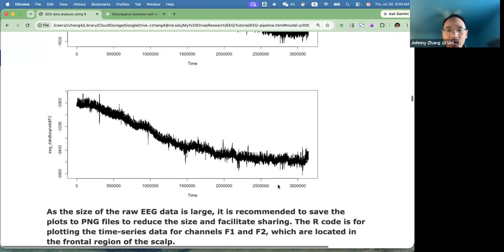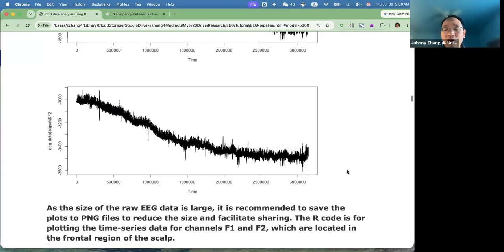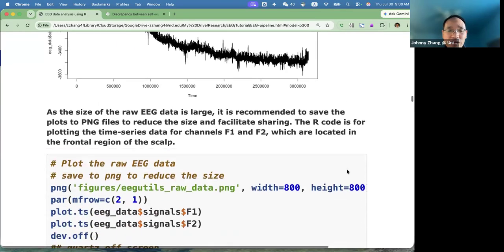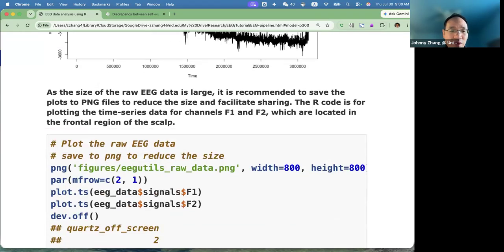We can use any R base functions for the plot, so you can use the plot function directly. For example, I use plot.ts, which means plot time series, to generate the plot here, taking out the data using the dollar sign from each component.